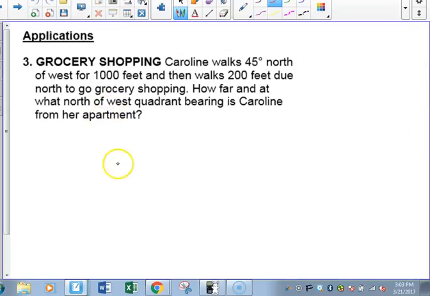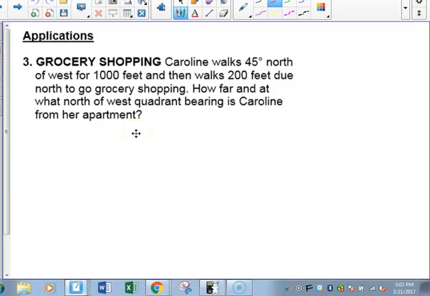Number 3 says, Caroline walks 45 degrees north of west for 1,000 feet and then 200 feet due north to go grocery shopping. How far and at what north of west quadrant bearing is she from her apartment?